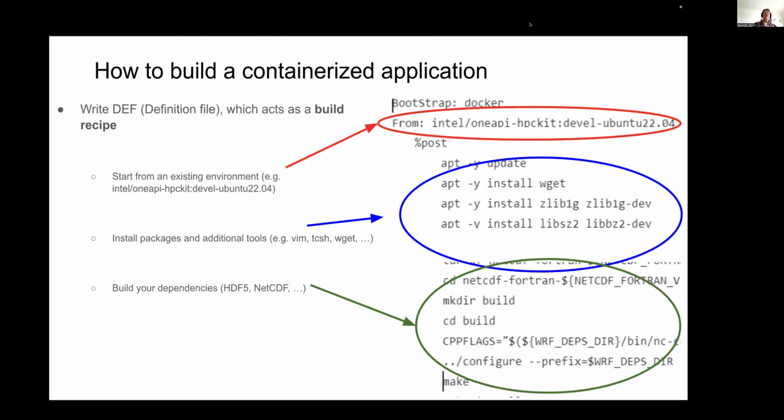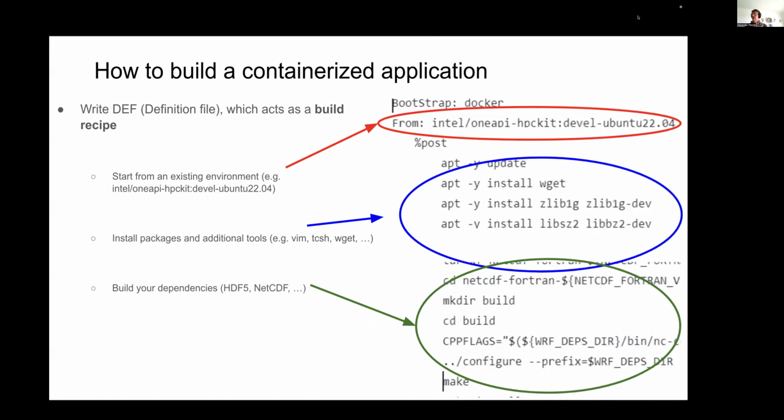So the first question is, how do we build a containerized application? The nice thing is basically you write a recipe. And once you have the recipe, then everything is automated, it's recorded.